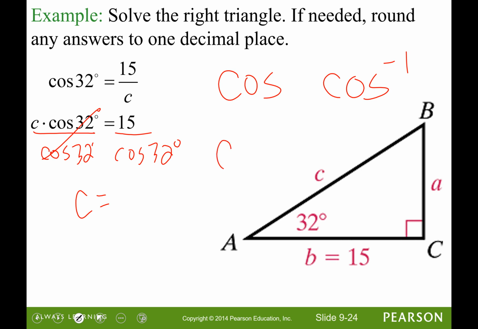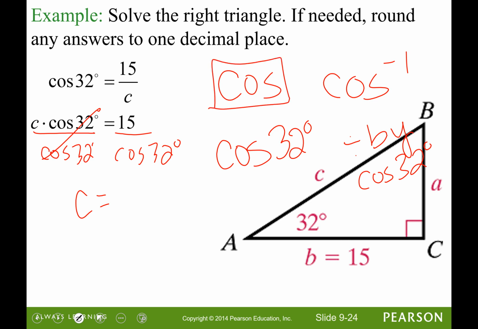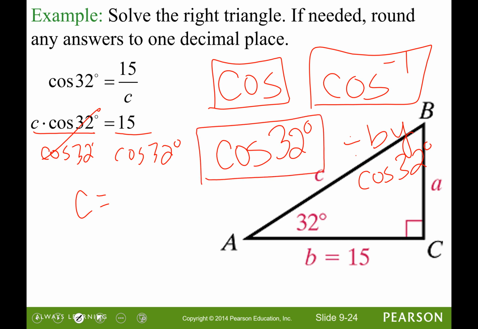We are moving cosine of 32 degrees. If you're trying to move cosine of 32 degrees, then you need to divide by cosine of 32 degrees. You guys are going to need to remember that. When you're manipulating your equation to isolate the unknown, you can move regular cosine without an angle measure by using cosine inverse. And if you have cosine of an angle measure, then you need to divide by that.